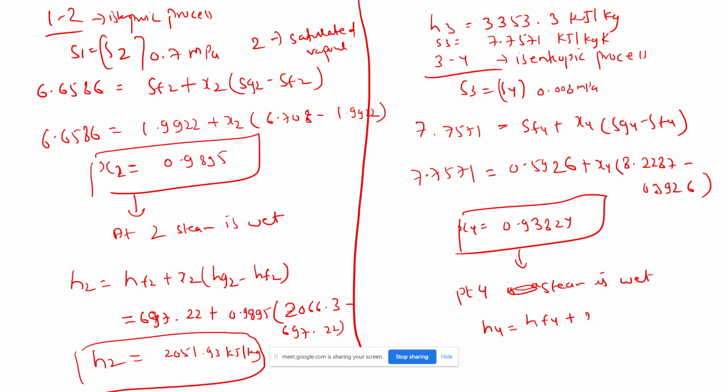H4 equals Hf4 plus X4 into Hg4 minus Hf4. So what will we get after putting these values? 173.88 plus 0.93824 times Hg4, which is 2403.1, minus 173.88.